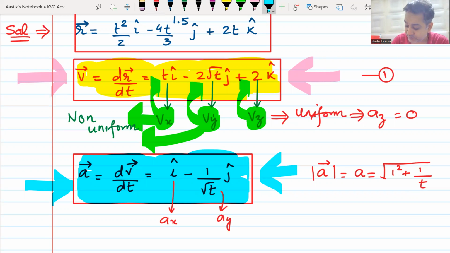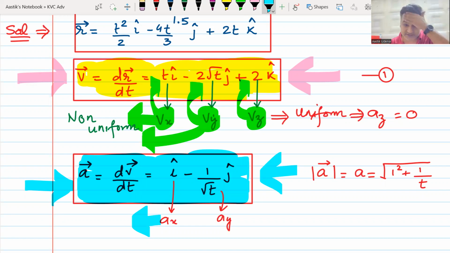Acceleration along x is uniform. Y is non-uniform and the z component is 0. x is uniform, y is non-uniform, and the z component is 0. Do we all understand this? Yes, sir.